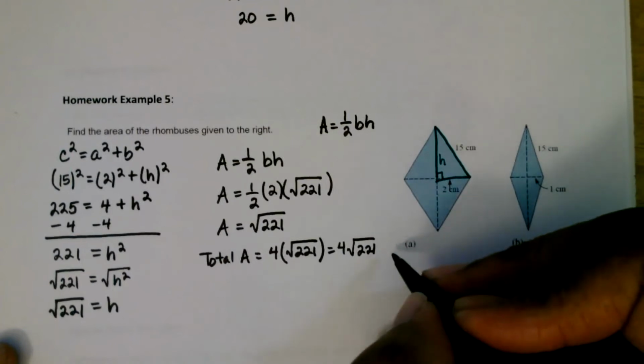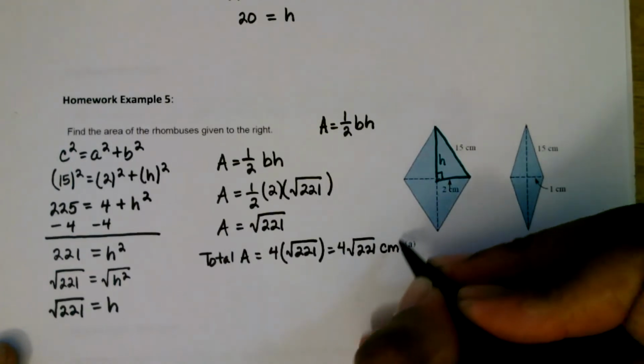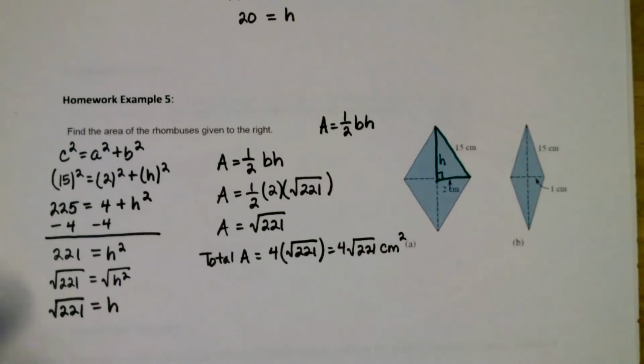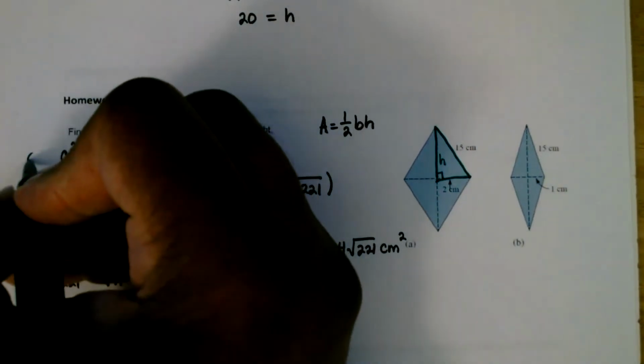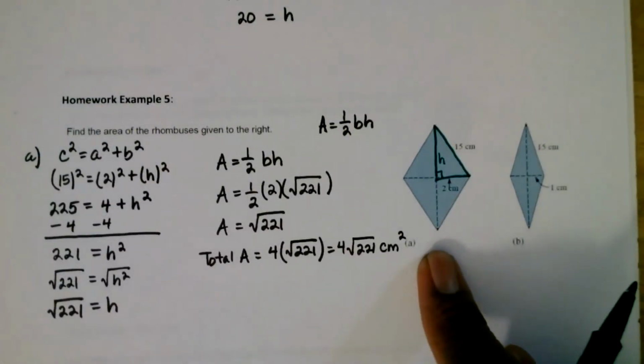And this will be in square centimeters, because area is always in square units. And we're given the length in centimeters, so the area will have to be in square centimeters. So this is part A that I just did, this one.